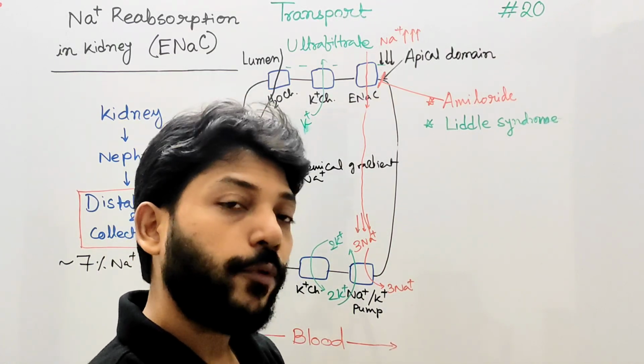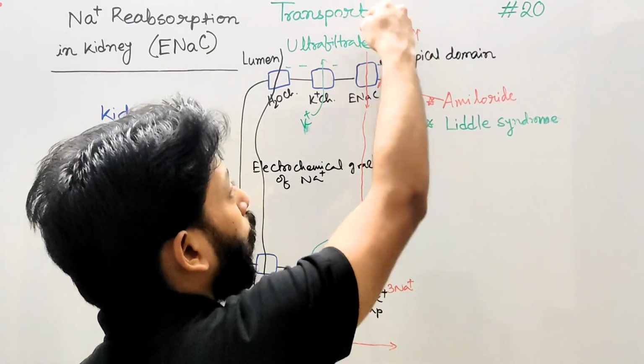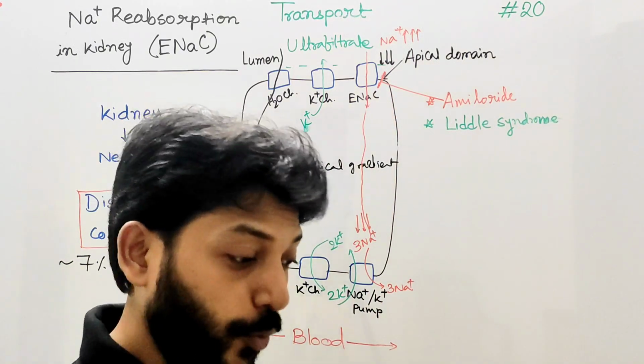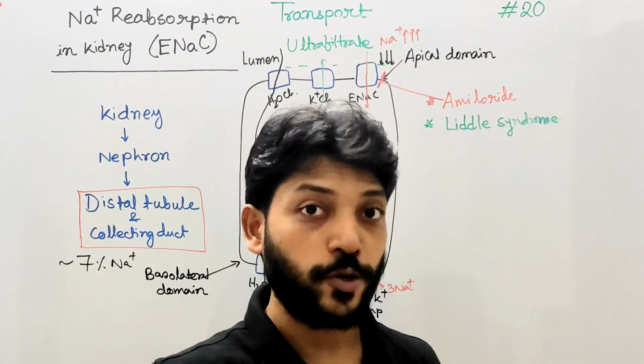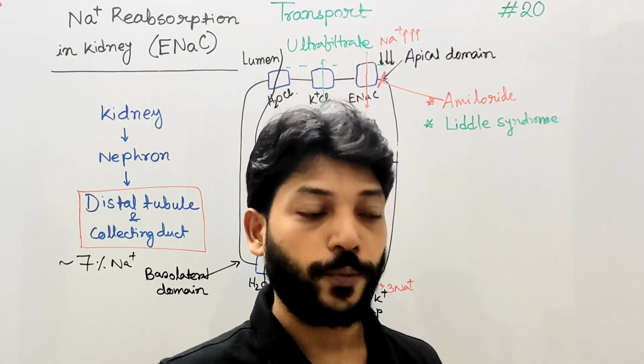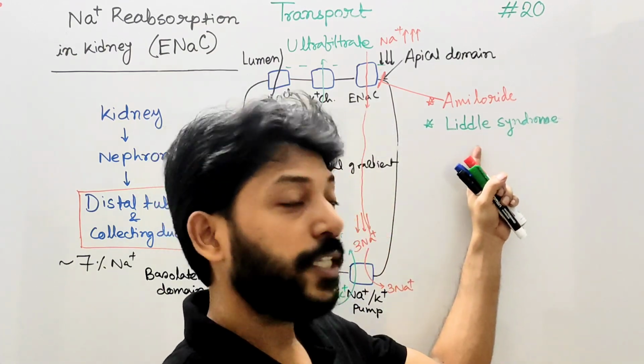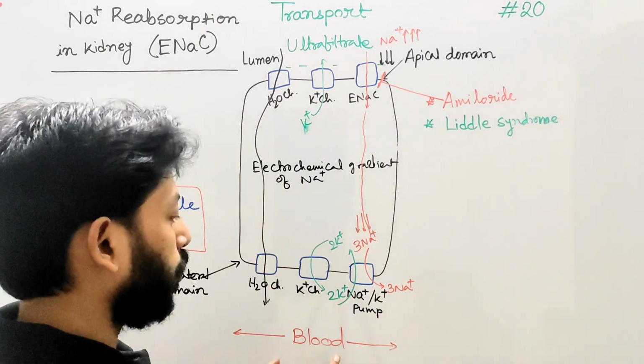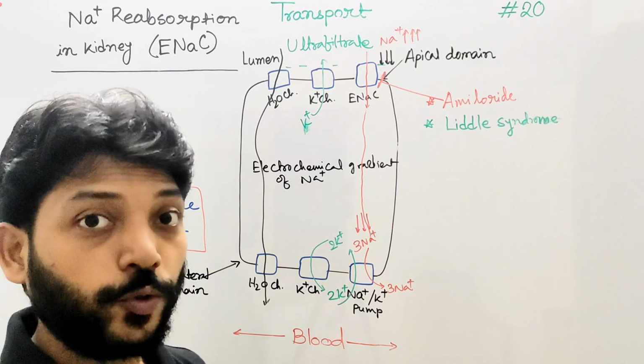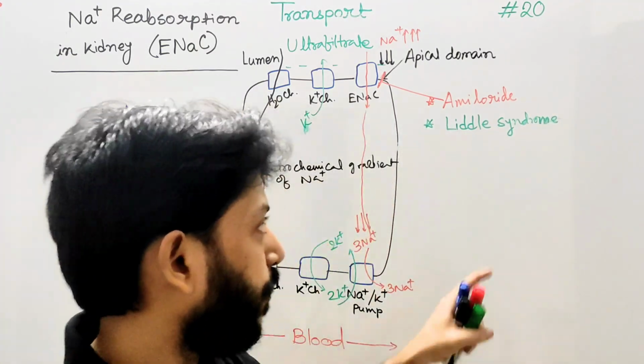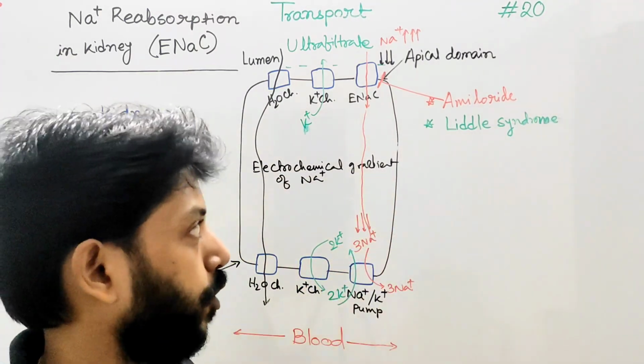And when the opening time of the channel increases, what will happen? More sodium will be reabsorbed, and when more sodium is reabsorbed, more water will also be reabsorbed. That means in this syndrome, more sodium and more water will go into the blood, which increases the blood pressure. So high blood pressure is shown in patients with Liddle syndrome.